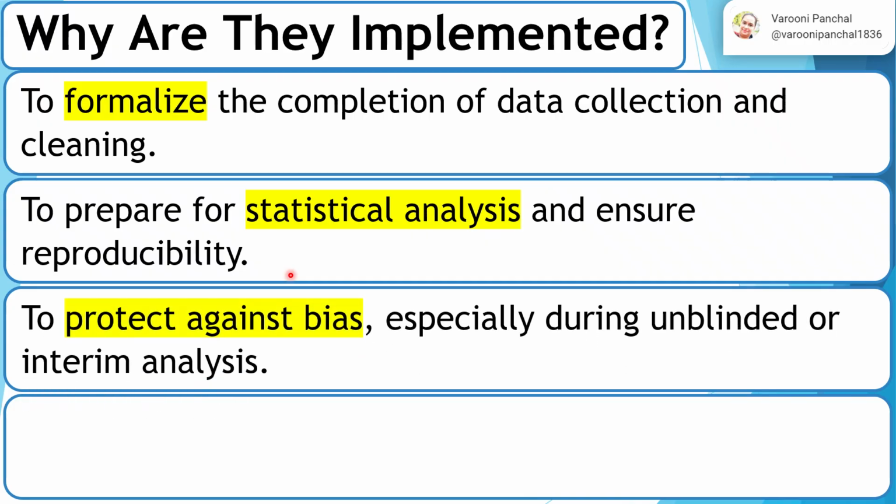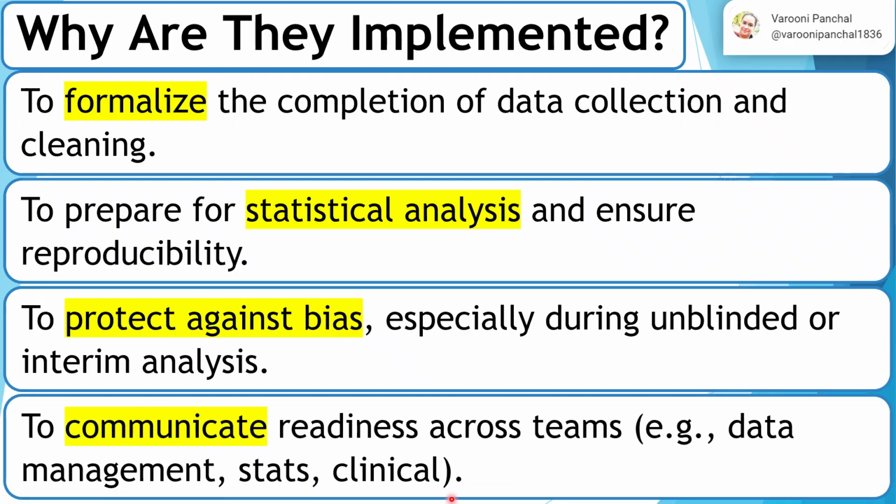Now, to protect against bias, especially during unblinding or interim analysis, right? Just to ensure that no bias scenarios play into that specific database, for that reason we implement the database lock. Now, it is to communicate readiness across teams, for example, data management, stats, and clinical team.